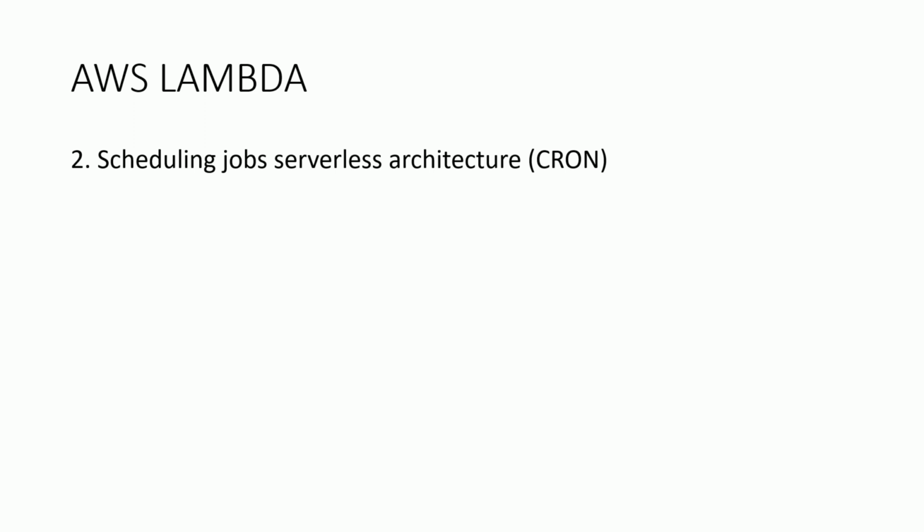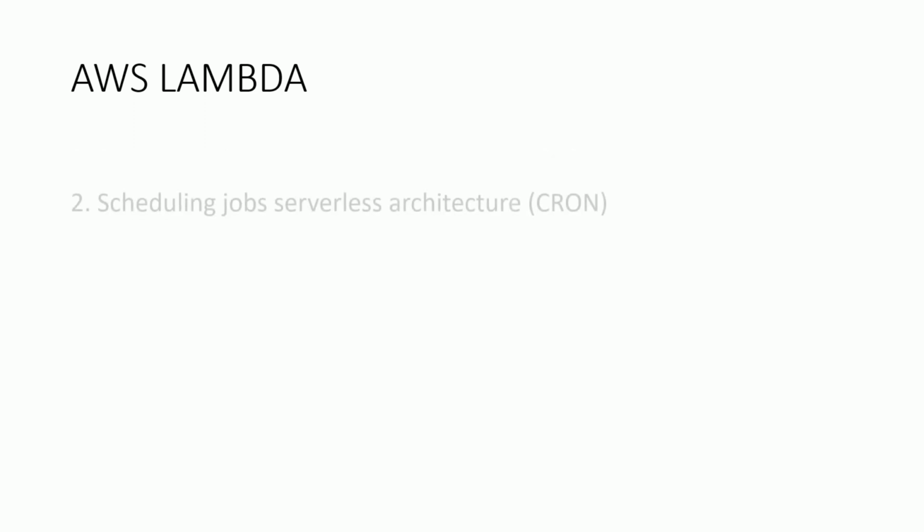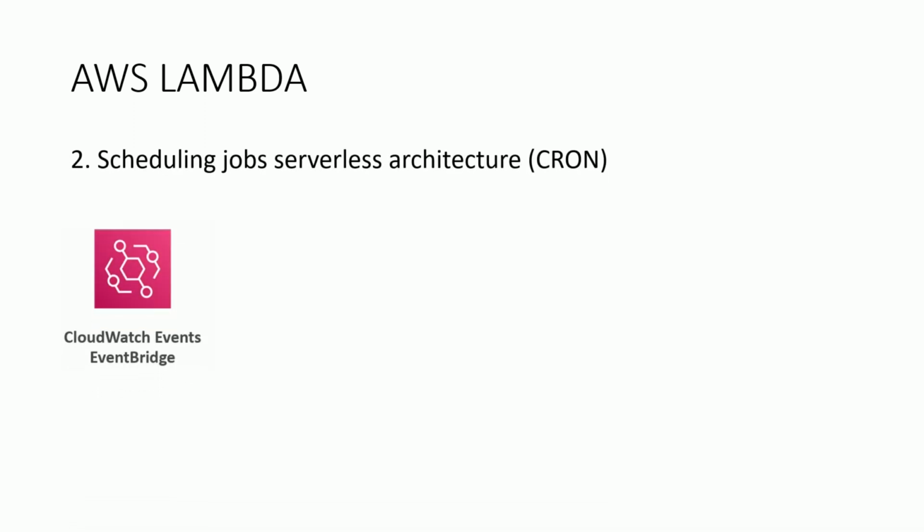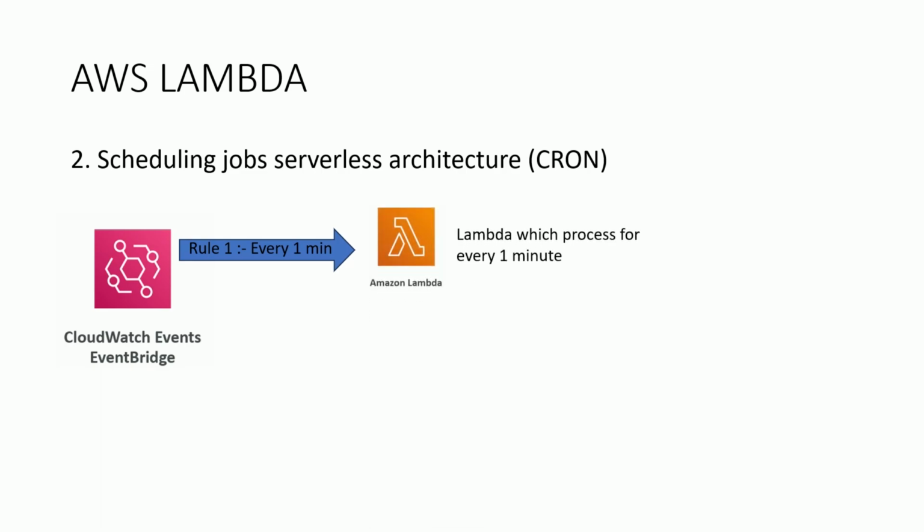And how AWS Lambda is going to help us in this architecture is we are going to create a CloudWatch EventBridge. So in CloudWatch EventBridge, we have an option to enable the cron job. So for every 1 second or 1 minute, we can trigger a Lambda function.